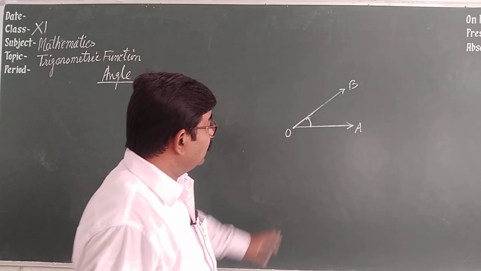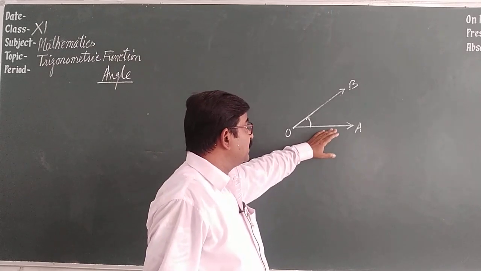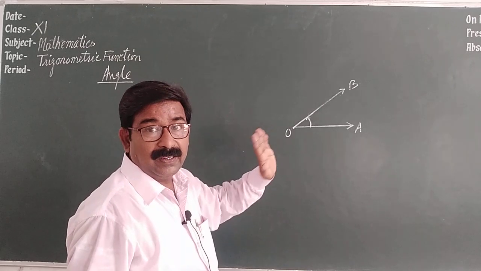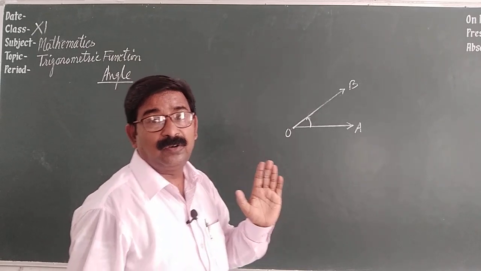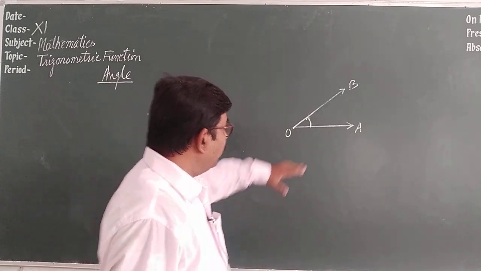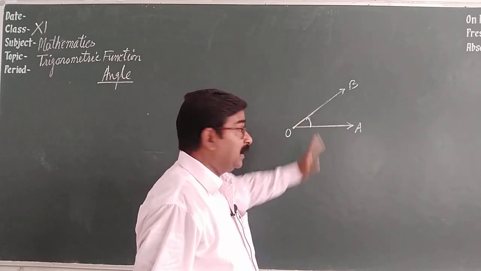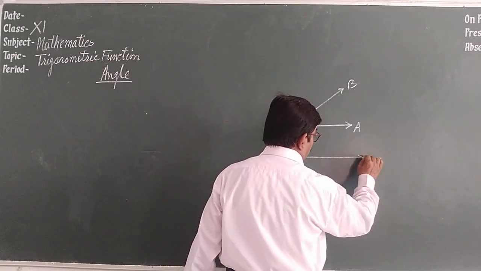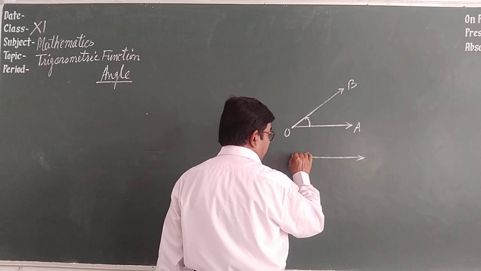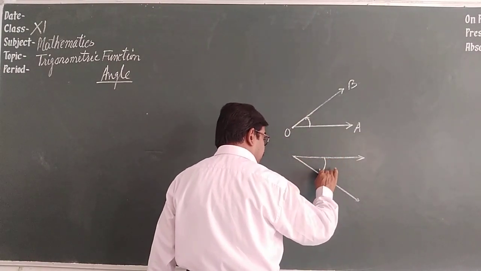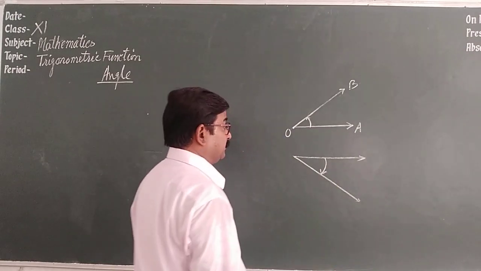You see, this line OA is terminating anti-clockwise, in the opposite direction of the hands of a clock. And it may also terminate in the clockwise direction, here in this direction.